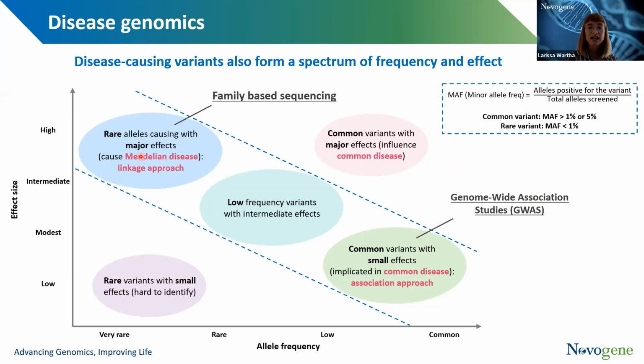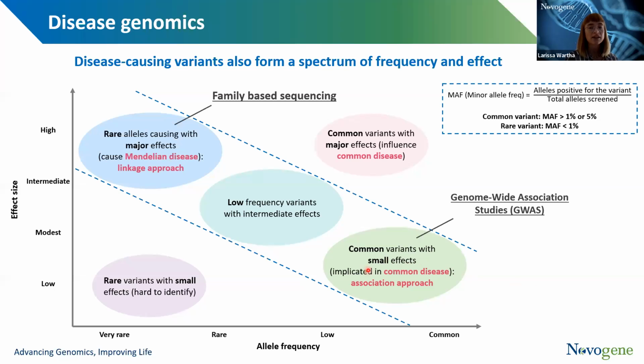Mendelian diseases fall into the upper left corner of this graph, having a rare variant with large effect. Traditionally, linkage mapping was used to combine genotypic and phenotypic data to obtain the chromosomal location of interest before targeted sequencing. But now linkage analysis is more integrated into the analysis of the sequencing directly. The sequencing is mostly family-based.